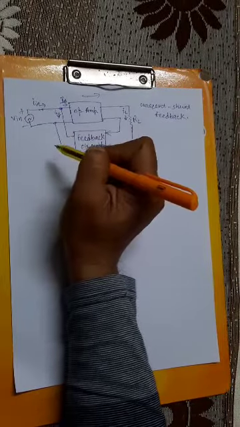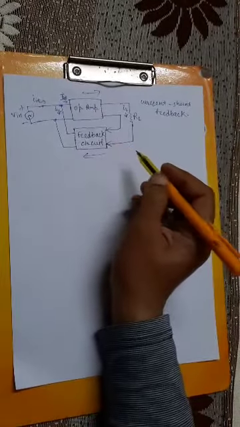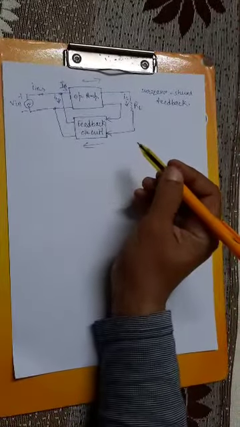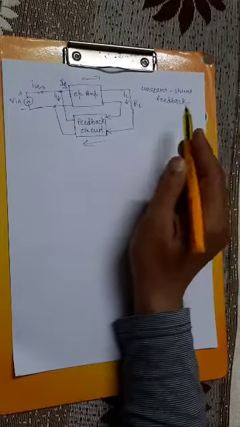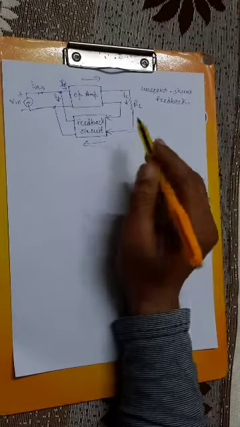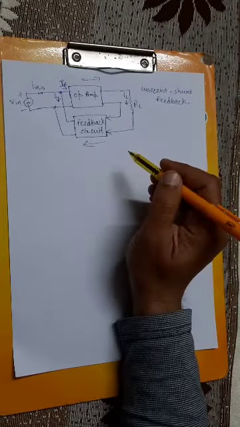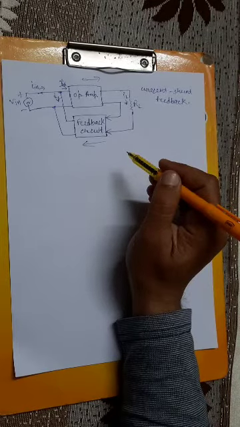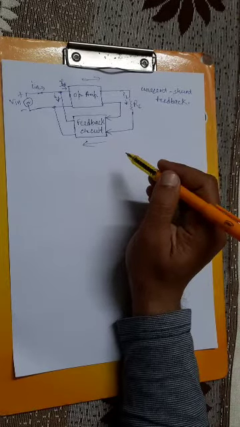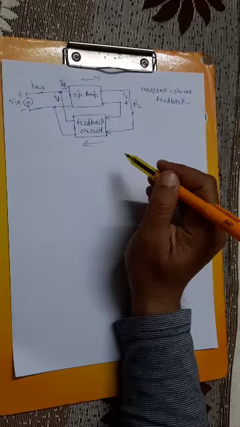Okay, so these are the four configurations, four connections of a feedback circuit.